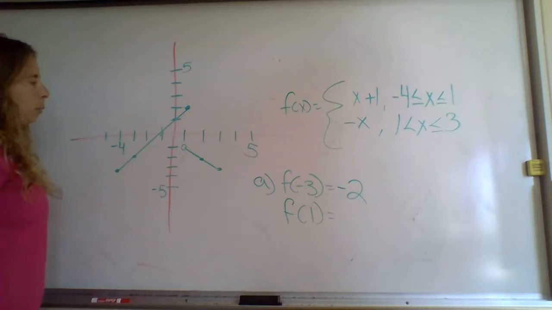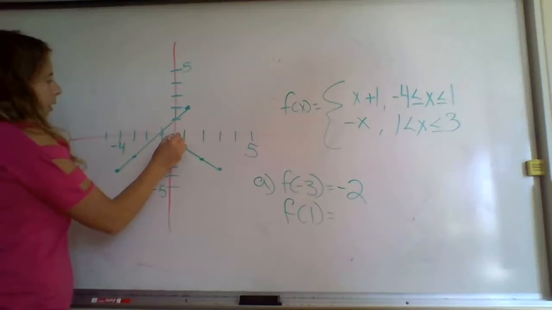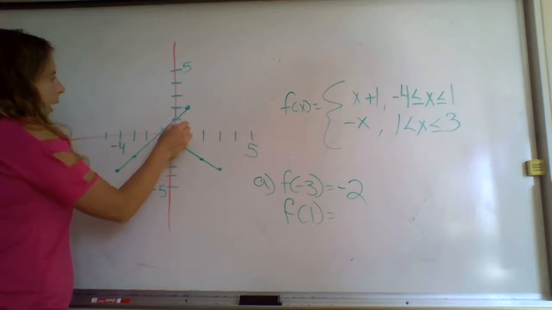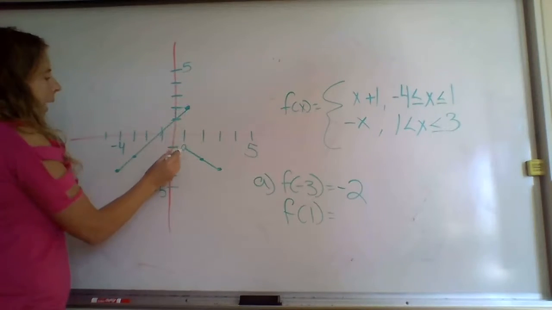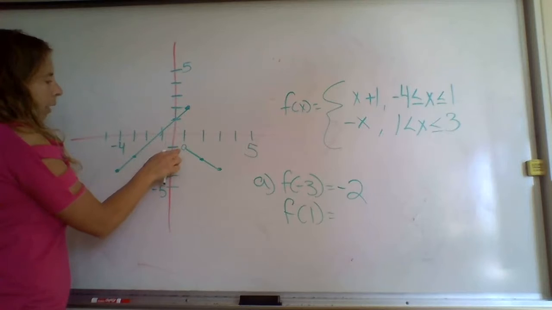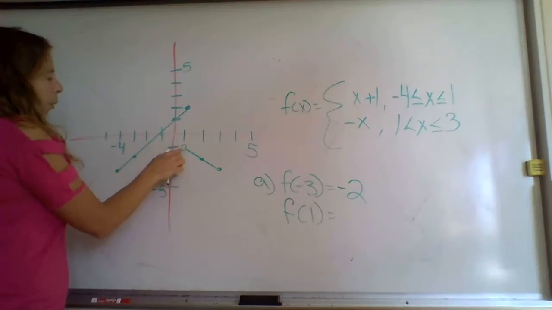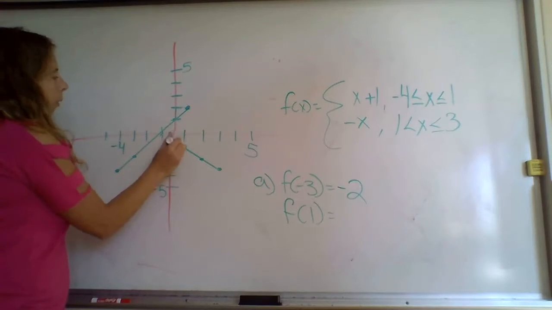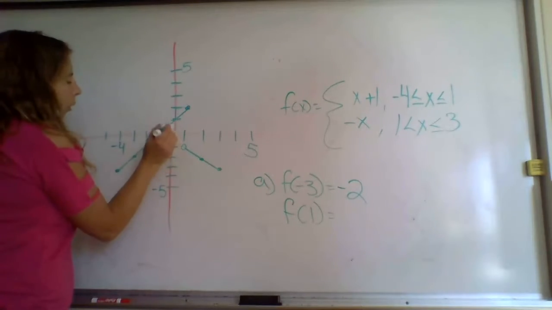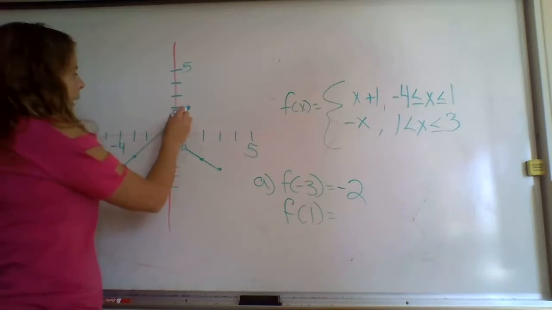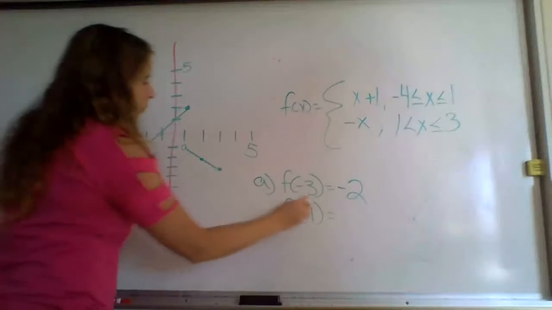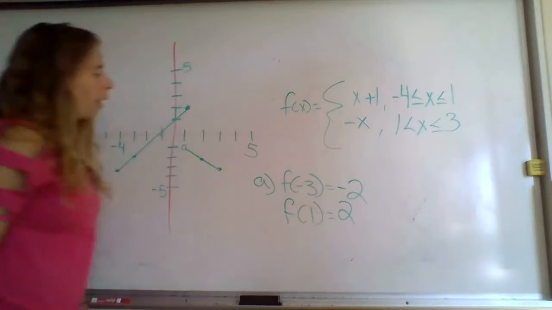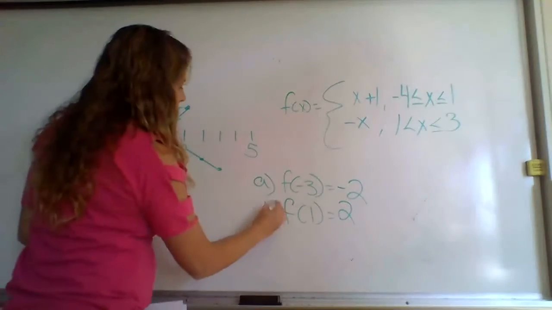So when x equals 1, x is 1 here, so y is 2. It is not -1 because x is not equal to 1 there. X is approaching 1 because there's a hole. So it's only equal to 2. So those would be your answers for A and B.